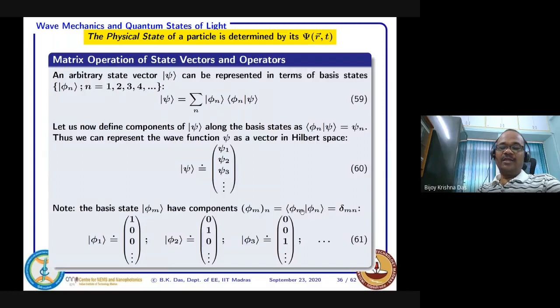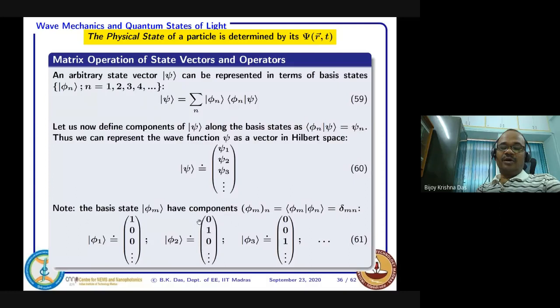So phi mn means when m equals n, it is 1. That means you are taking the dot product with itself, that is 1. If you take the dot product with other basis vectors, it should be 0. That is how the Kronecker delta symbol, delta mn, comes.